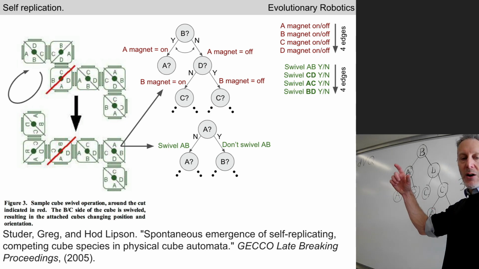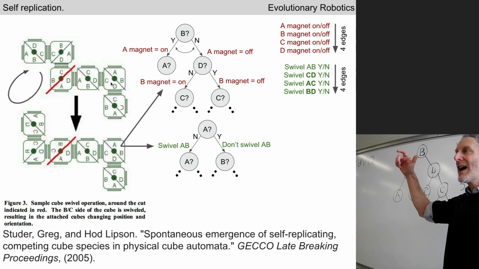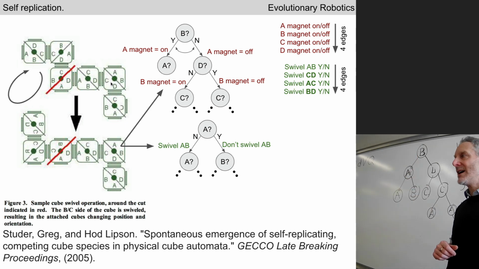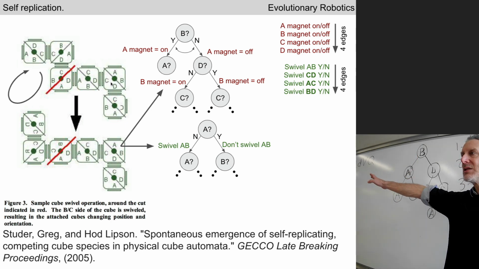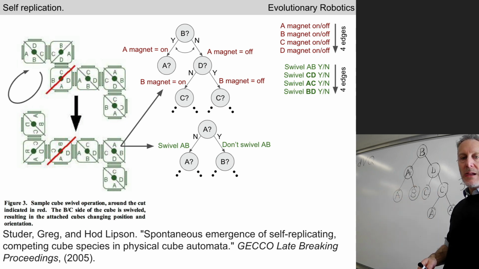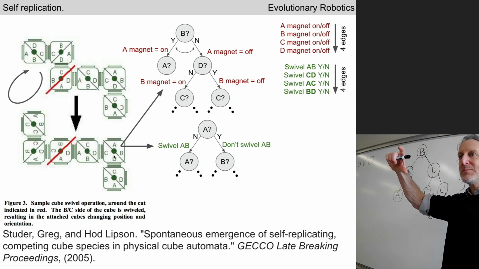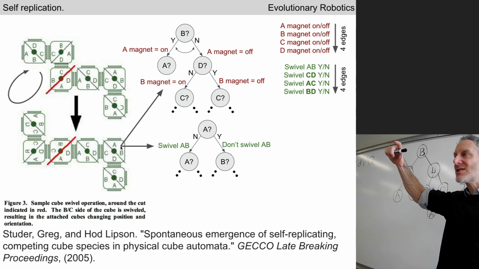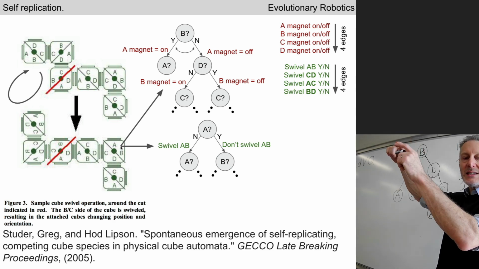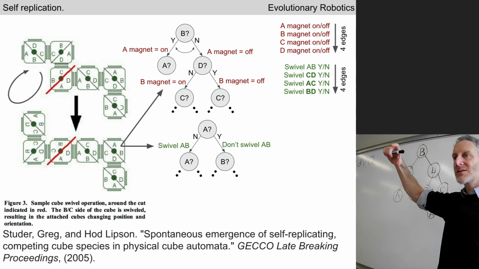So up until now, I've been telling you that these modules have just one motor inside them. In this simulated version, each square has more than one motor inside it. This is going to dictate whether to rotate CD relative to AB. So now the AB side stays still, and it's the CD side that rotates.